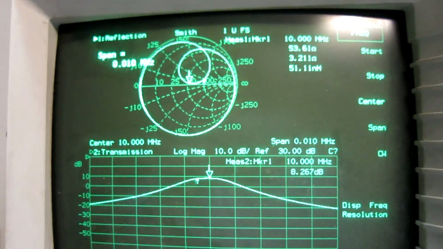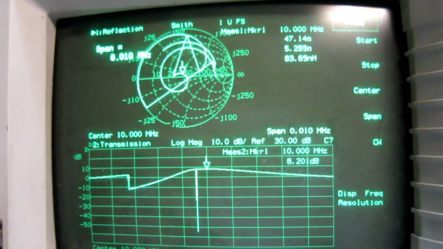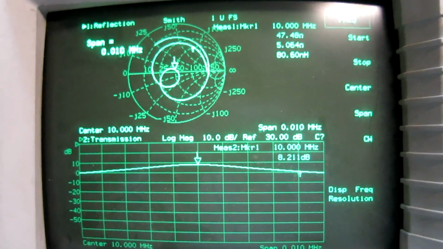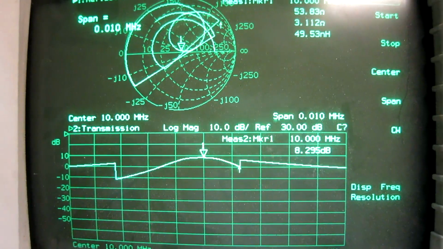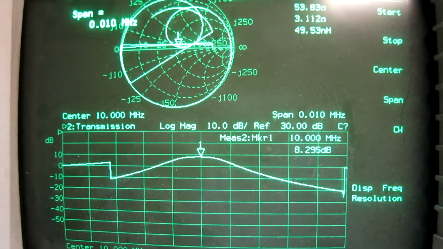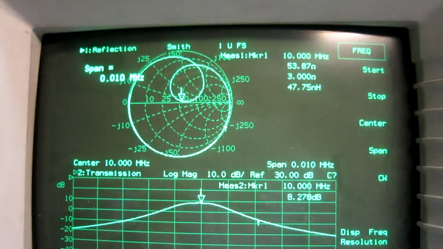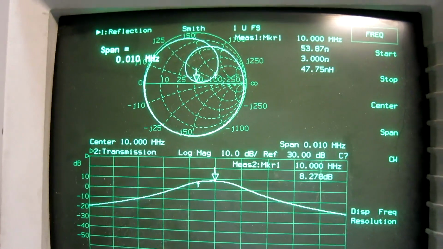I switch back. It goes from about 8 dB down to something like minus 30. And the input impedance is 50 ohms in both cases.